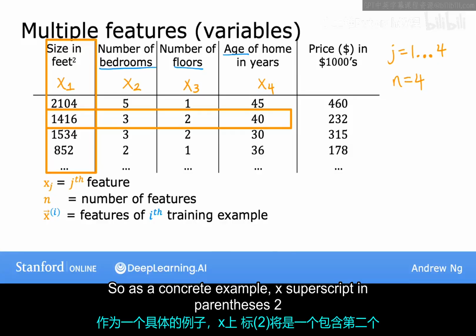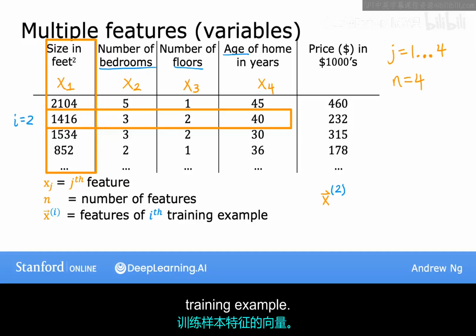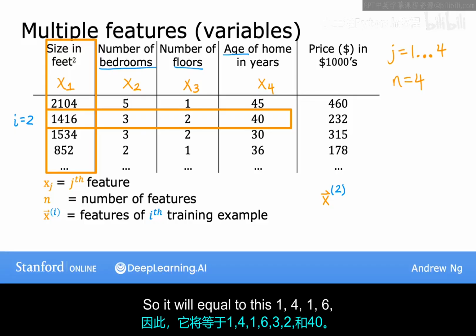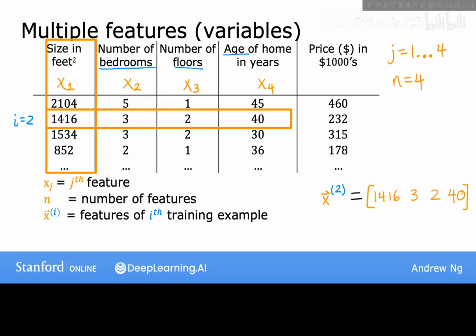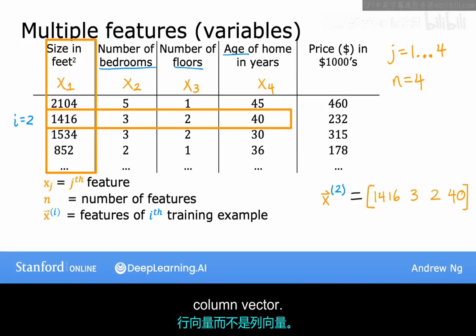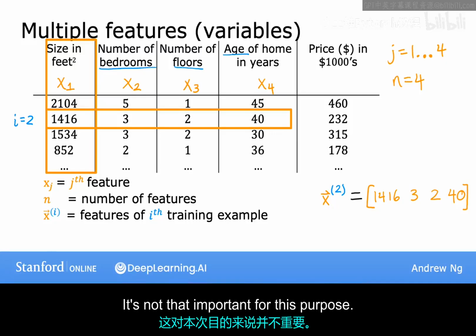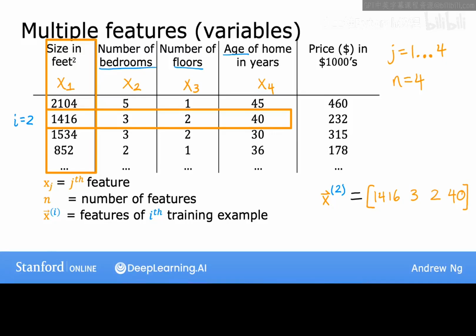So as a concrete example, x superscript in parentheses 2 will be a vector of the features for the second training example. So it will equal 1416, 3, 2, and 40. And technically, I'm writing these numbers in a row. So sometimes this is called a row vector rather than a column vector. But if you don't know what the difference is, don't worry about it. It's not that important for this purpose.